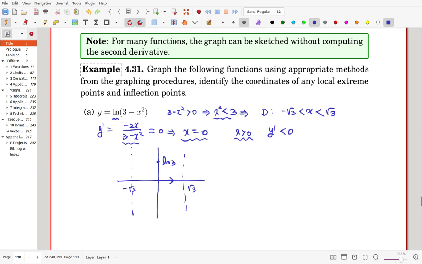is less than 0. However, as x approaches square root of 3, we can see that y prime itself is now decreasing, right?